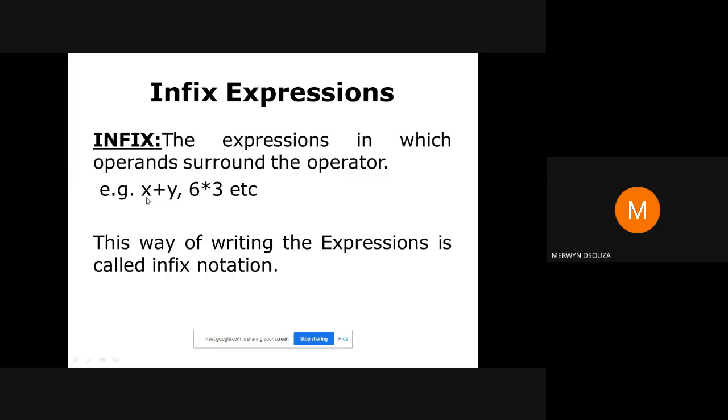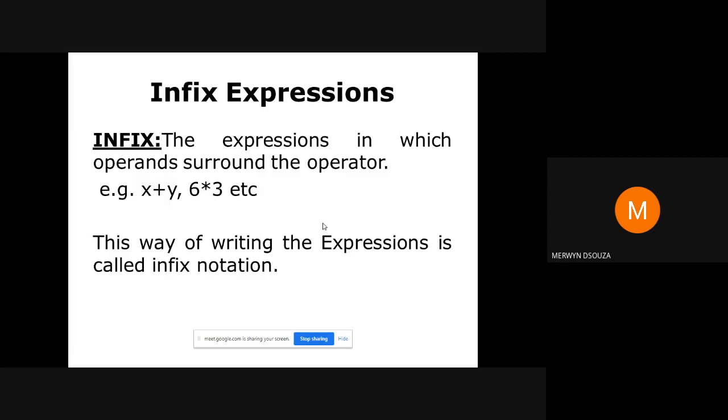For example, I have written here x plus y. The plus sign is in between the operands x and y. Similarly, in the next example, 6 multiplied by 3, the operator is multiply and the operands are 6 and 3. The multiply sign is in between the operands. Whenever you see this kind of expression, it is known as an infix expression.